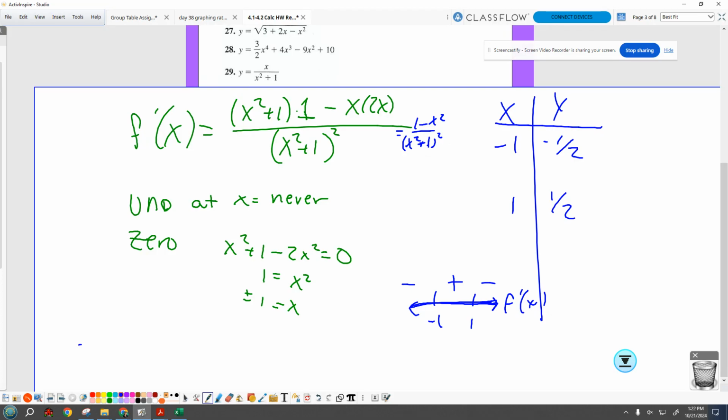So it comes down until it hits there, then it goes up. And as she said, there is no absolute. The local minimum is negative 1/2. It happens at x equals negative 1. The local maximum is positive 1/2 and happens at x equals 1.